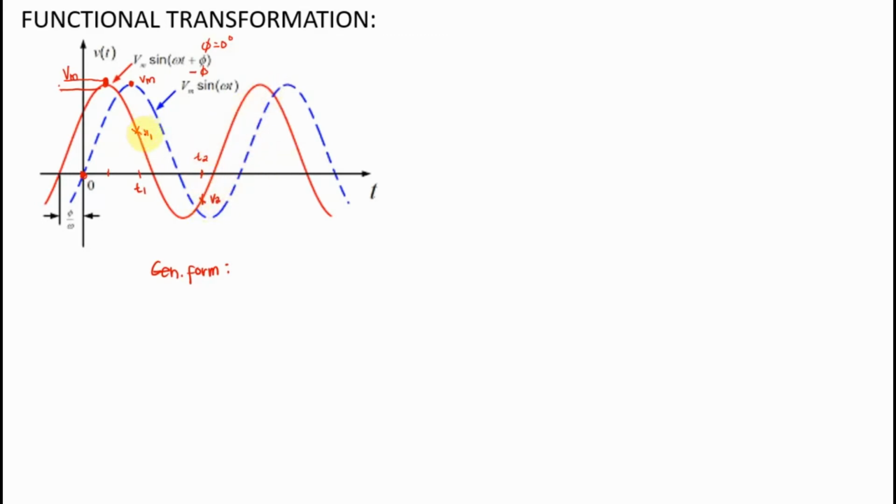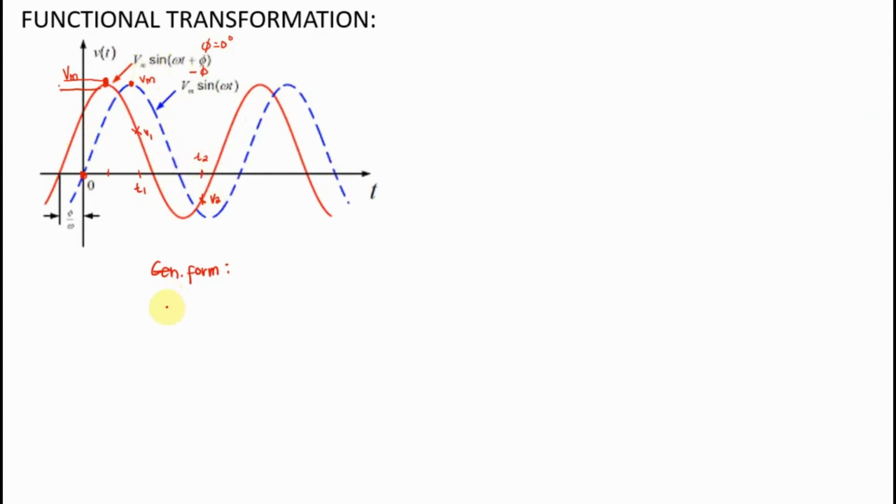You call this v1, v2 and so on your instantaneous value. It is the value where you substitute a specific time in this function, because v is varying. As time goes forward to infinity, the value of your v also varies.